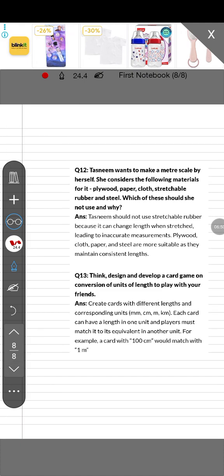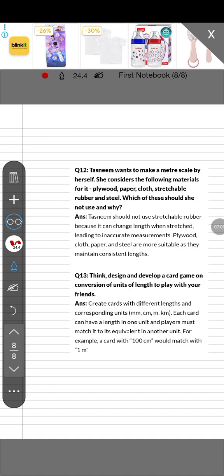Now we are moving to the next one, question number 12. Tasneem wants to make a meter scale by herself. She considers the following materials for it: plywood, paper, cloth, stretchable rubber, and steel. Which of these should she not use and why?